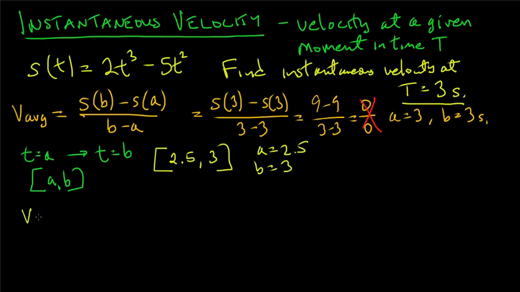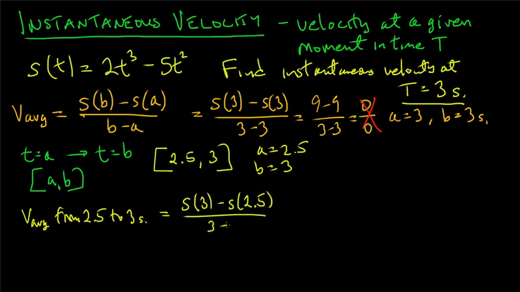Okay, so what's the average velocity? And in fact, let me make sure we know that this is the average velocity from 2.5 seconds to 3 seconds. Using the same formula, s of 3 minus s of 2.5 over 3 minus 2.5. We know s of 3 was 9.